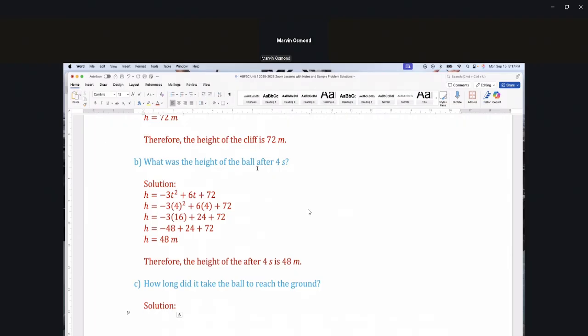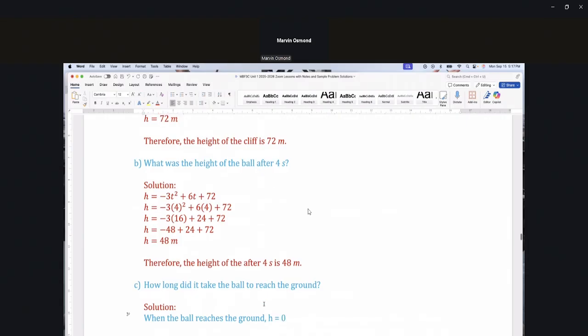So when the ball reaches the ground, the height of the ball above the ground is 0. Okay. So when the ball reaches the ground, H will equal 0.